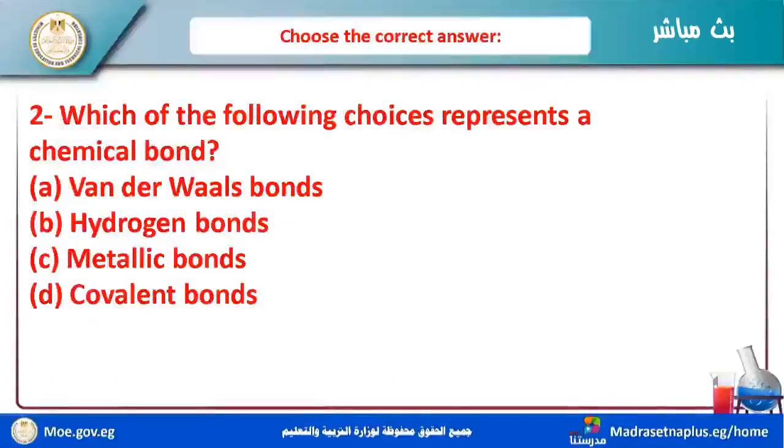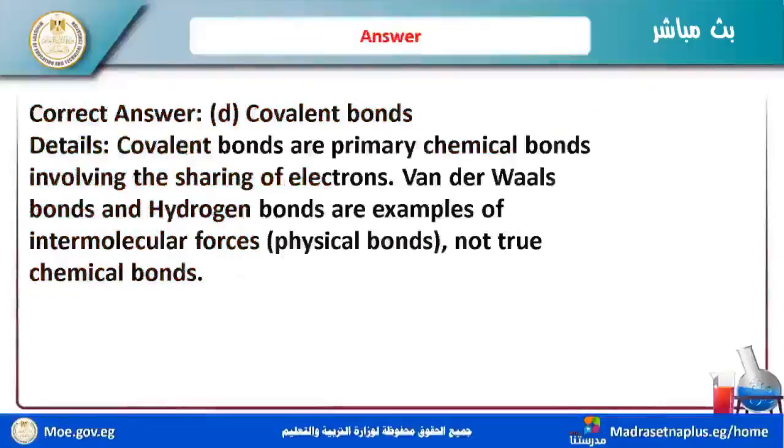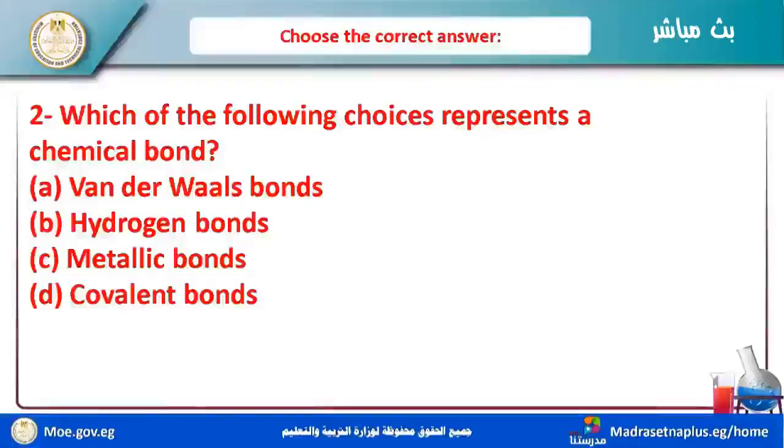Now, which of the following choices represents a chemical bond? Van der Waals bonds, hydrogen bonds, metallic bonds, or covalent bonds. It is covalent bonds, because covalent bonds need sharing of electrons, but van der Waals is an attraction force, hydrogen bonds are an attraction force, and metallic bonds are an attraction force.